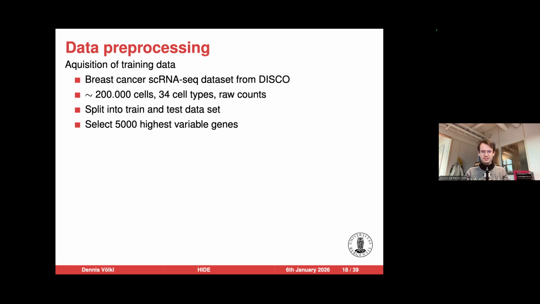We know that most of these genes aren't necessary to predict the cell type. So we selected the 5,000 important genes by calculating the variance of those genes across the cell types and then using the 5,000 with the highest variance.